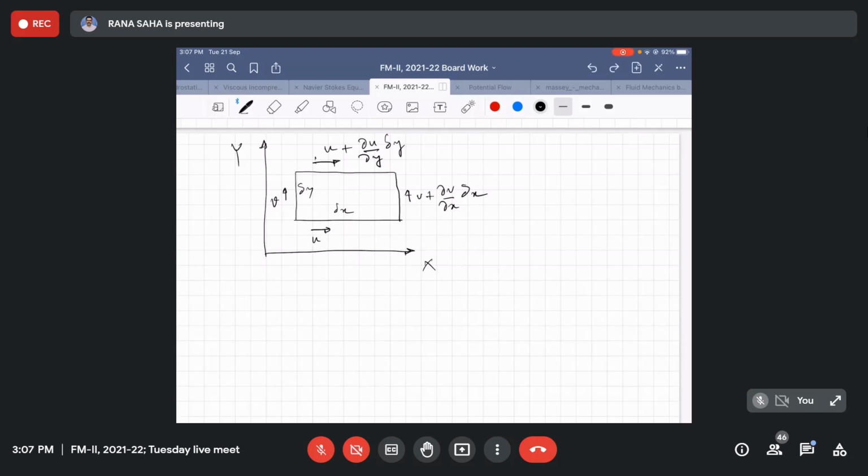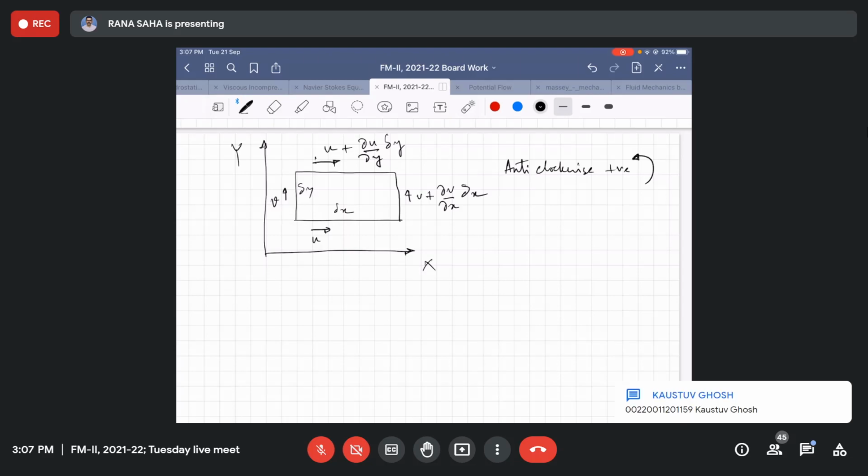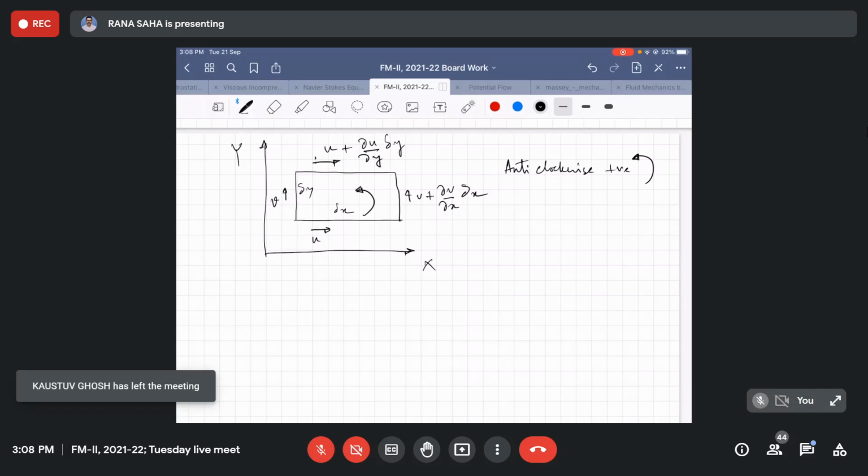If we consider anti-clockwise as the positive direction of circulation, that means for this particular closed loop, this should be the direction of positive circulation.